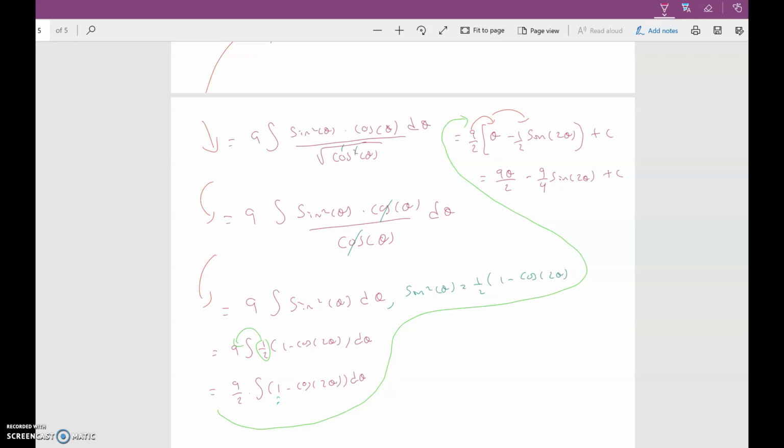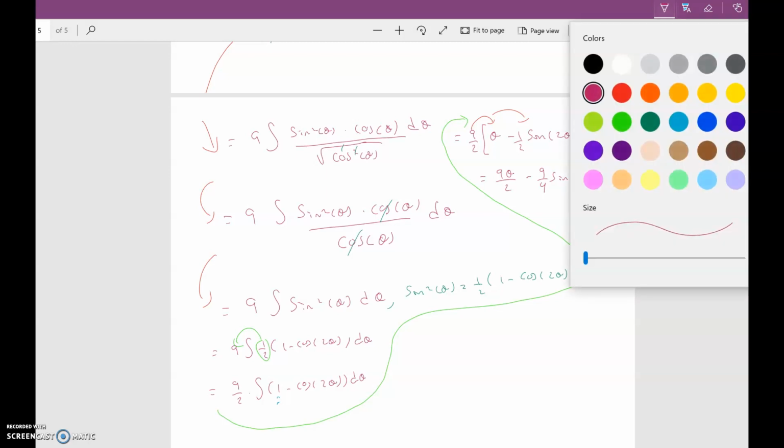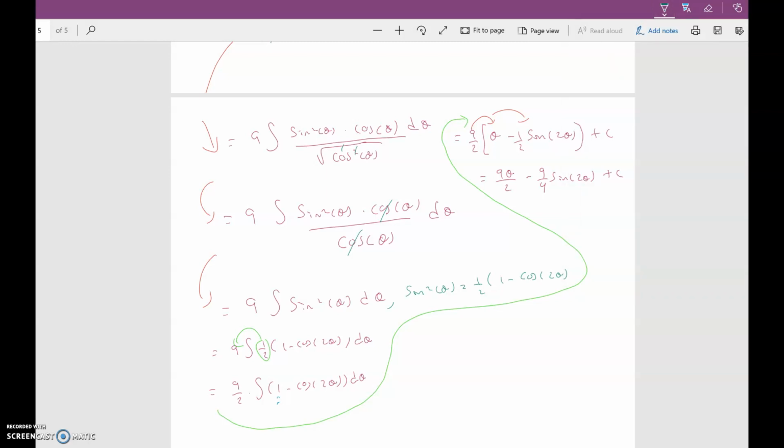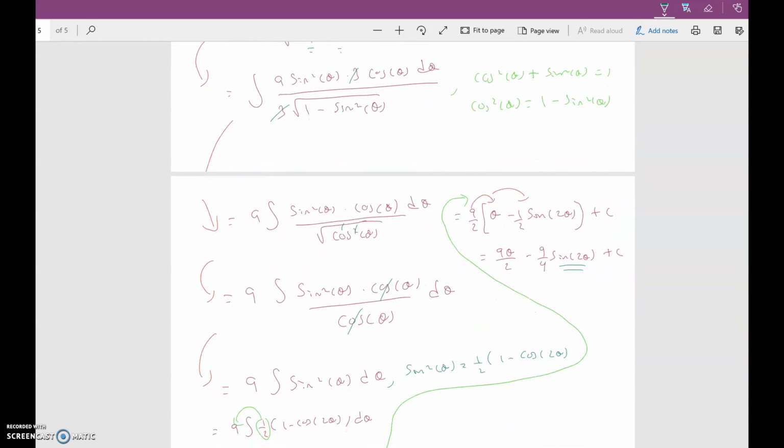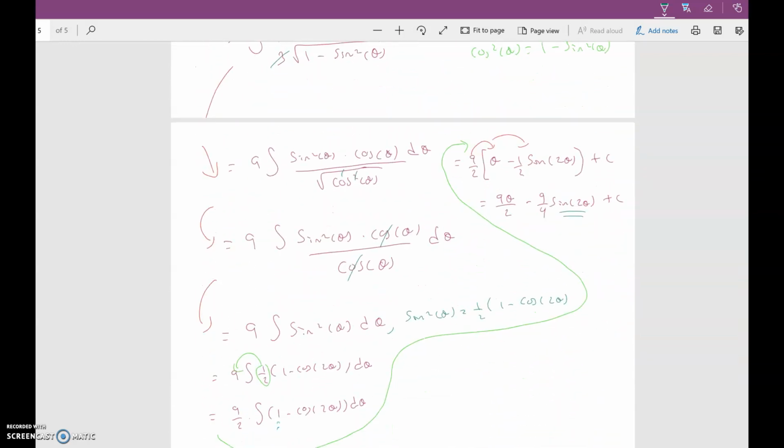Okay, now it's not our final answer. Our original variable happens to be x, so it's probably best if we use an identity to replace this sine of 2 theta with an equivalent value.